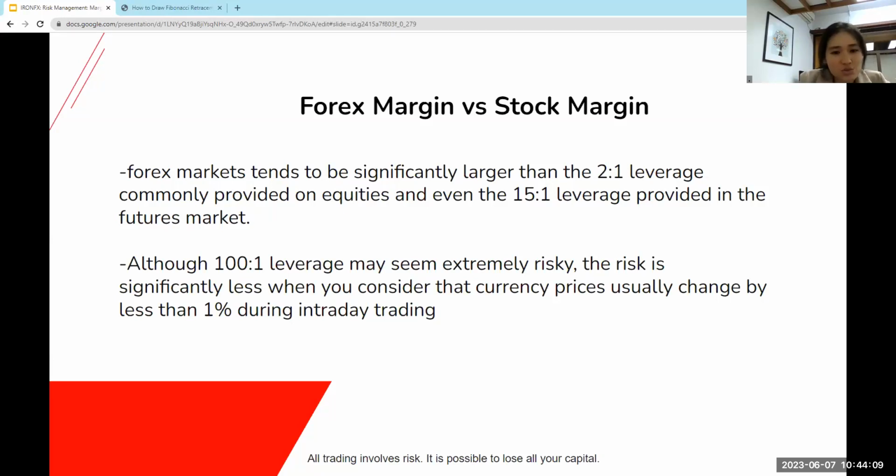So although 100-to-1 leverage may seem extremely risky, the risk is significantly less when you consider that currency prices usually change by less than 1% during intraday trading. Okay, so in this case, it's up to you as a trader to weigh your pros and cons of trading in the Forex market and in the stock market.